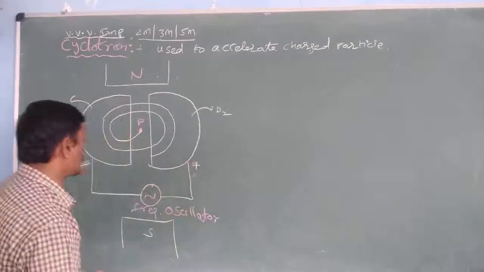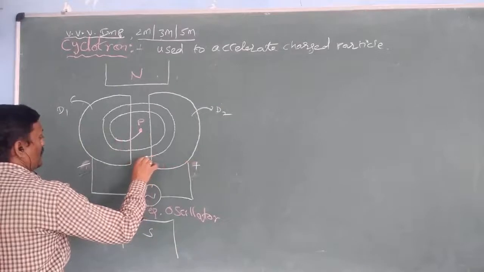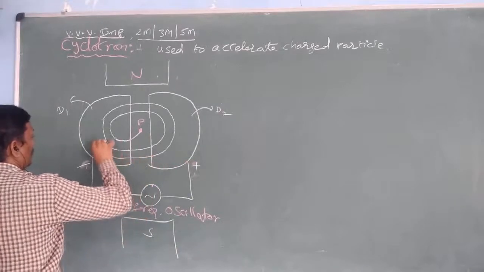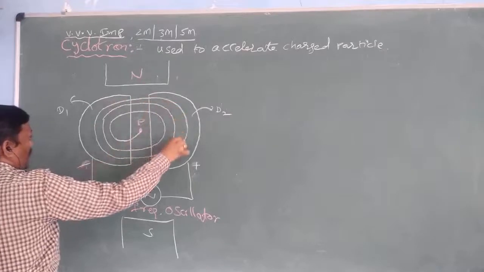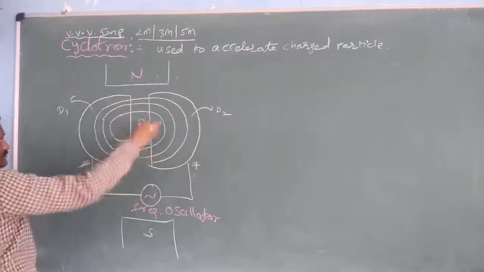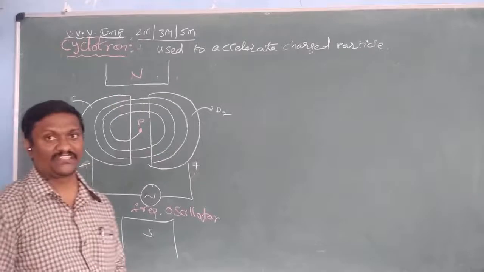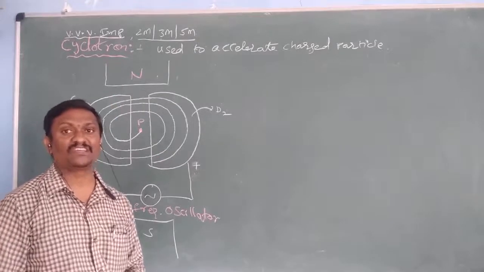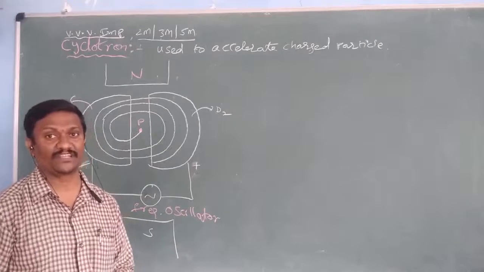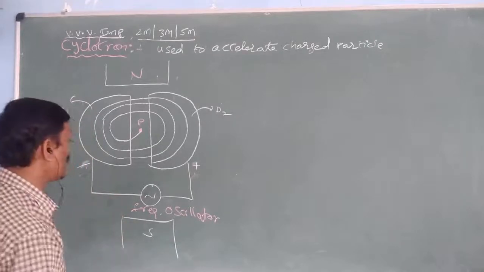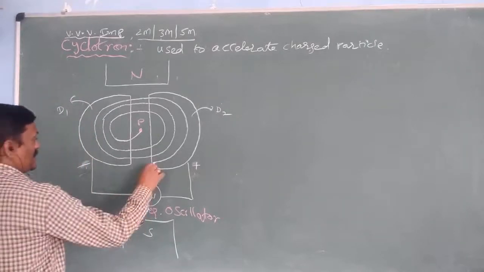This process continues until the particles gain sufficient energy. According to the diagram, you can observe that every time the radius of the circular orbit is increased automatically, the velocity of the charged particles is increased, and the energy of the charged particles is increased.